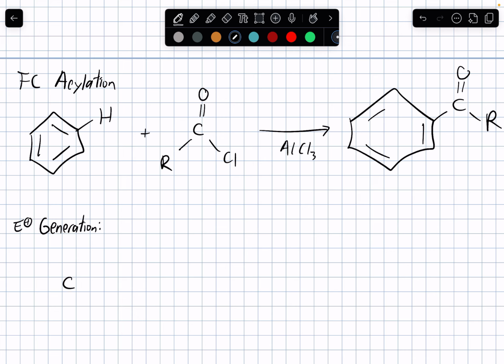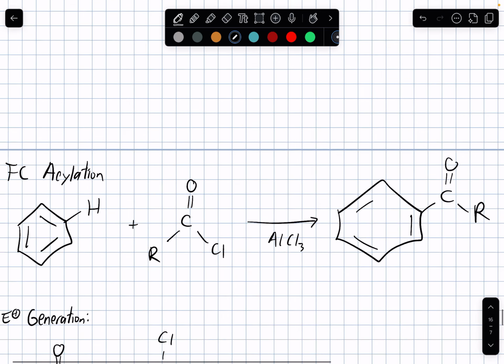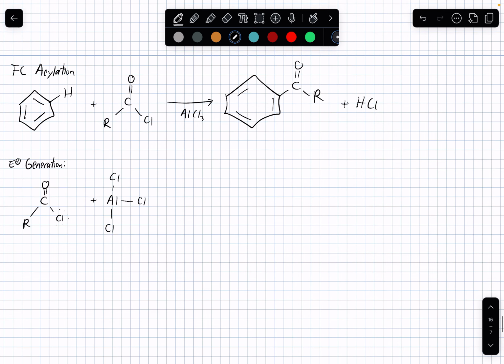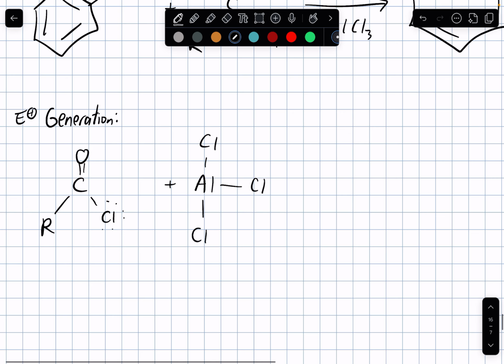So we start off with our electrophile. We add it with AlCl3, spread out. Where is chlorine in the periodic table? Chlorine is 7. Okay, so neutral.